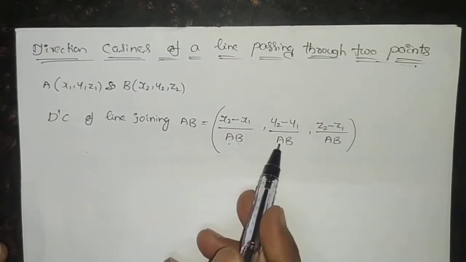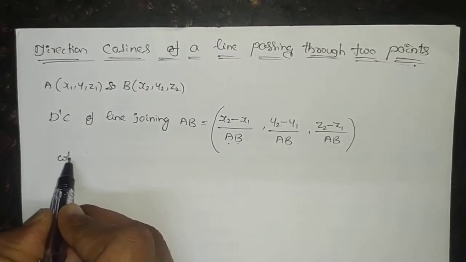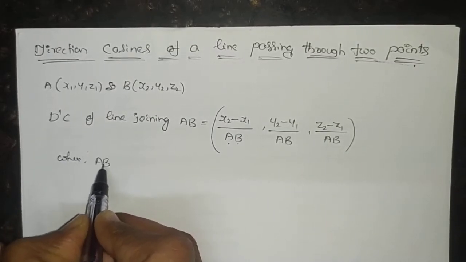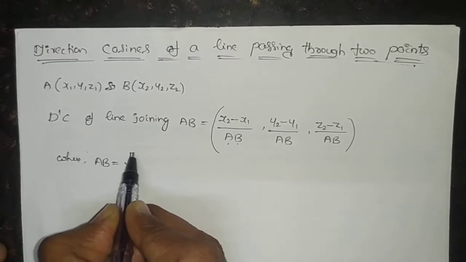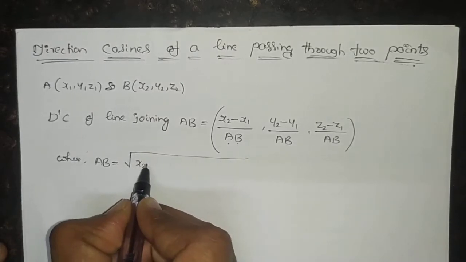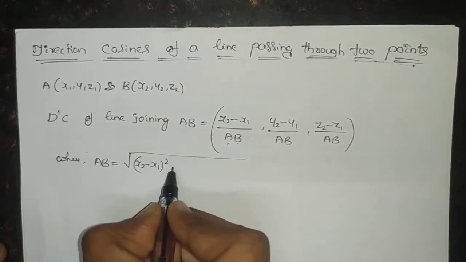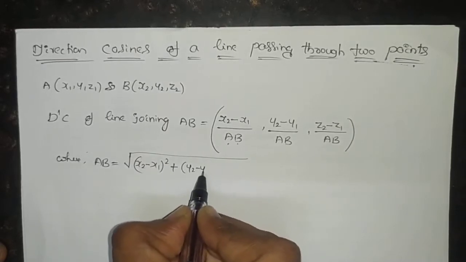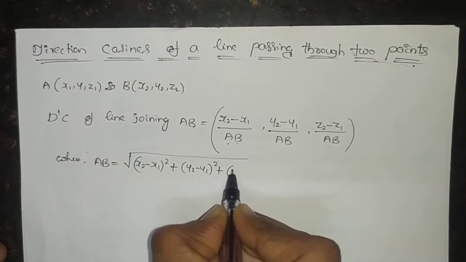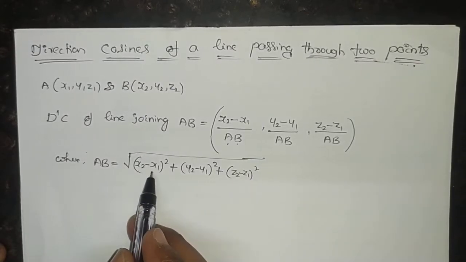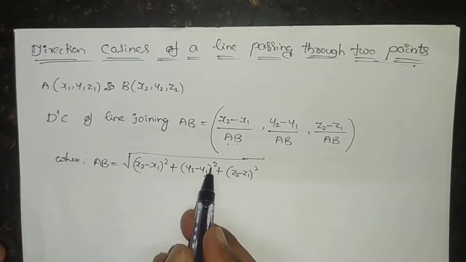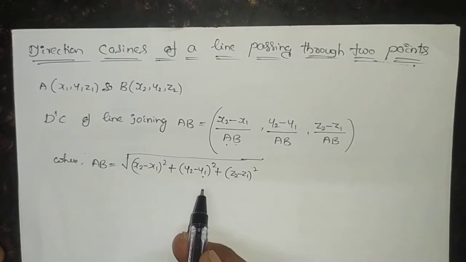Here AB is nothing but the distance between the 2 points, where AB equals the square root of (x2 minus x1) whole square plus (y2 minus y1) whole square plus (z2 minus z1) whole square, or (x1 minus x2) whole square plus (y1 minus y2) whole square plus (z1 minus z2) whole square.